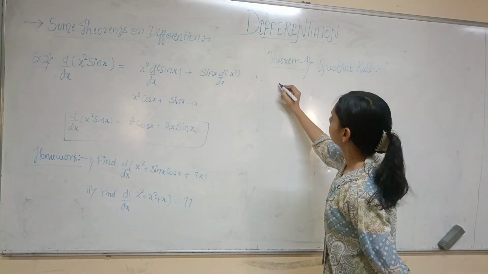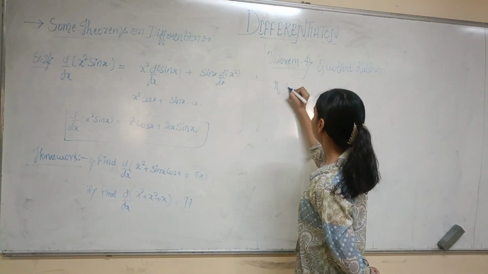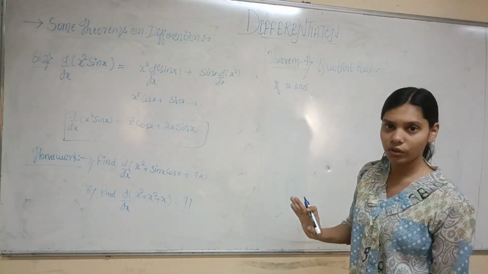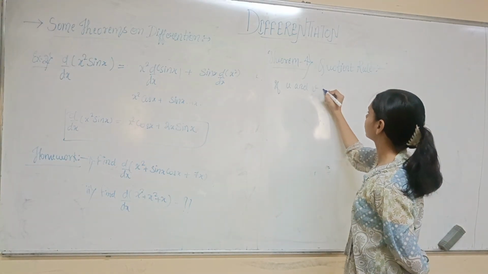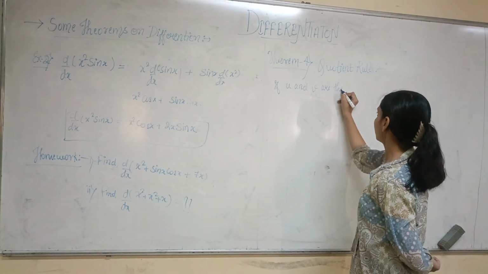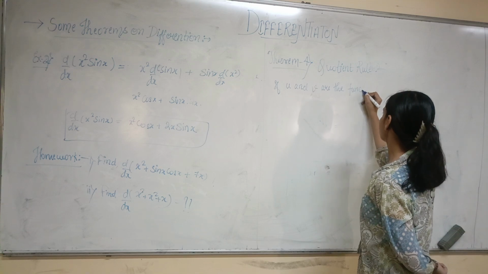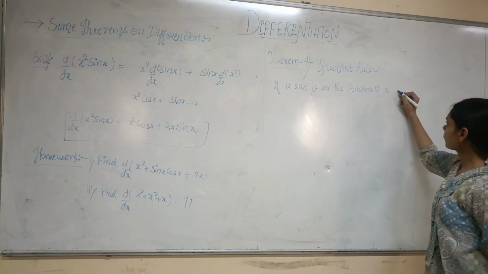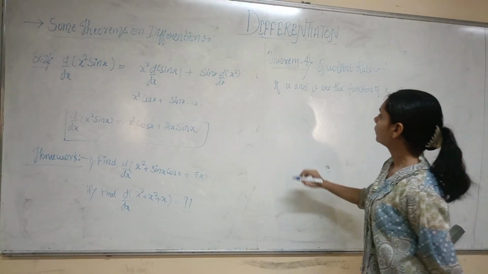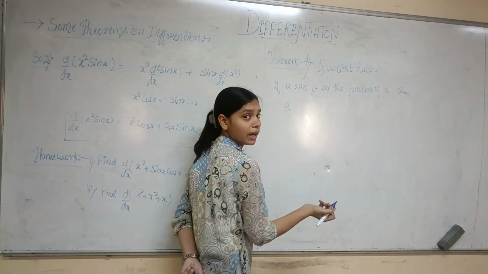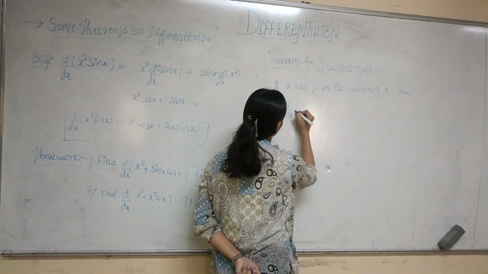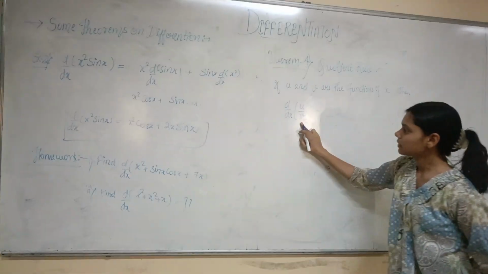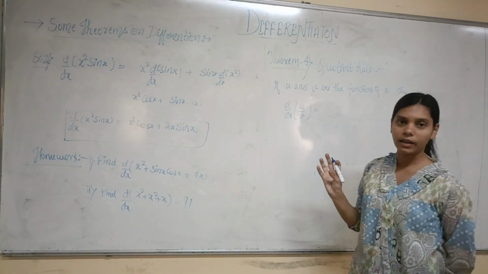Okay, if u and v are functions of x only, then differentiation of u by v is equal to, let us take the square of the denominator term, right?